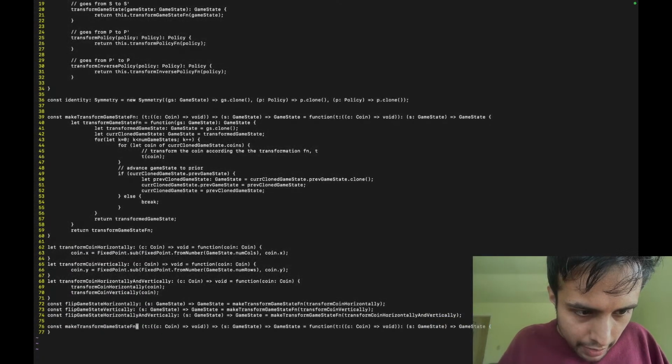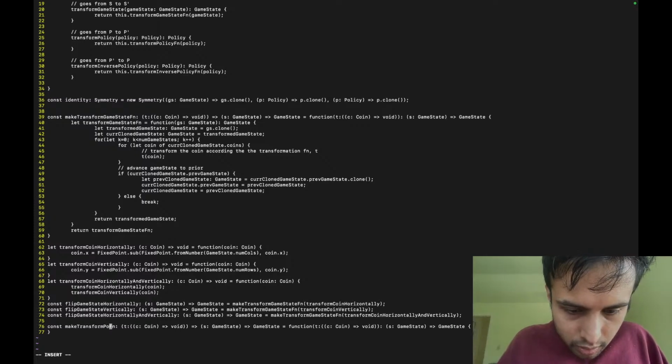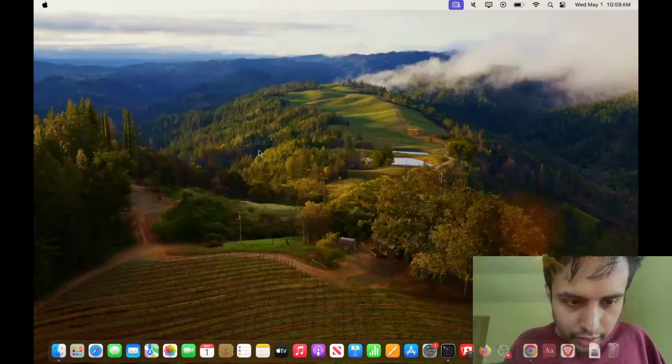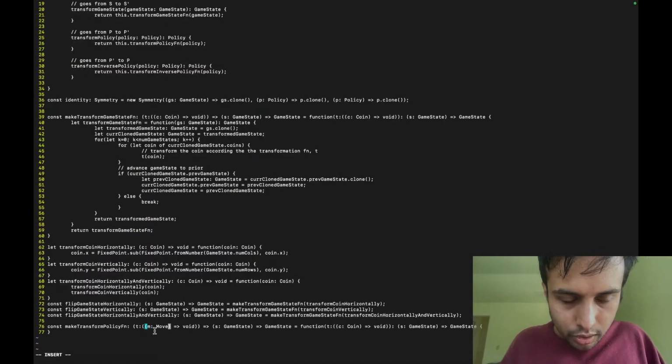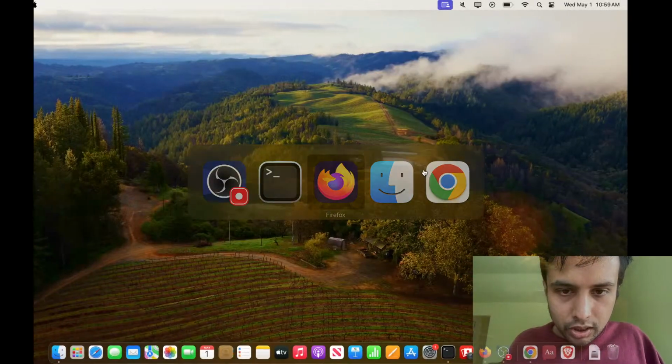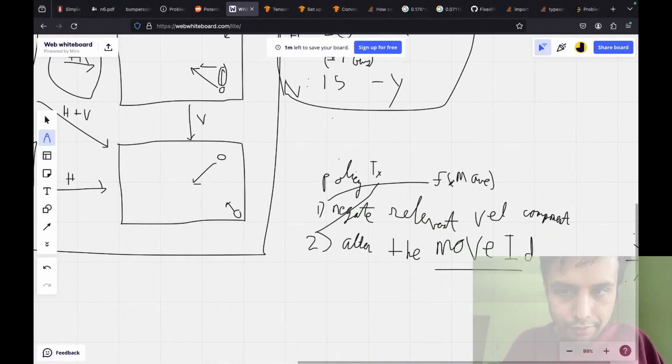Now let's call this make transform, not game state, but replace it with policy. The lambda here was taking a coin and returning void. Now let's replace that with m for a move, because this lambda takes in a move and consumes it and returns void, just as a consumer of move, which is basically this f of move.